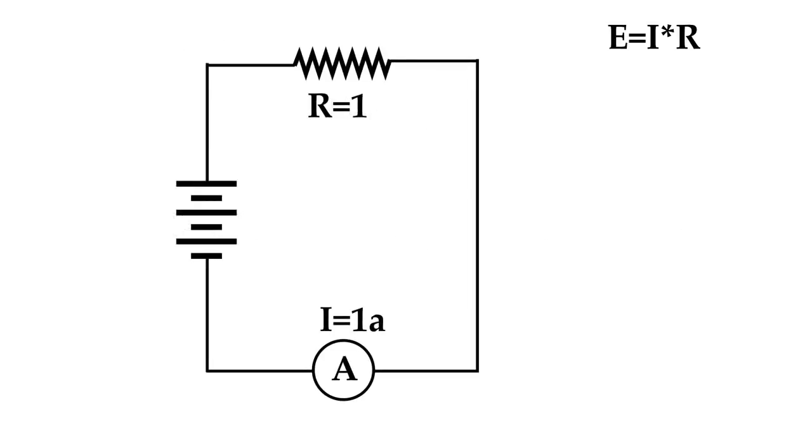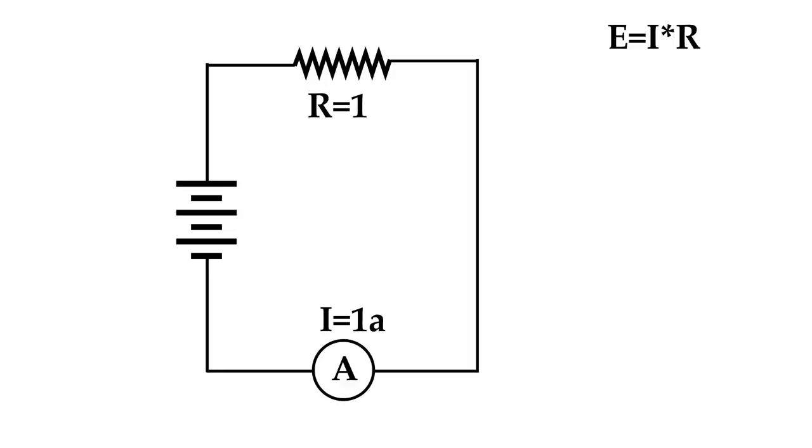Here is the simplest circuit: a battery, a resistor, and I've got an ammeter. And we have E equals I times R. We know what R is, 1 ohm. And the current is 1 amp.